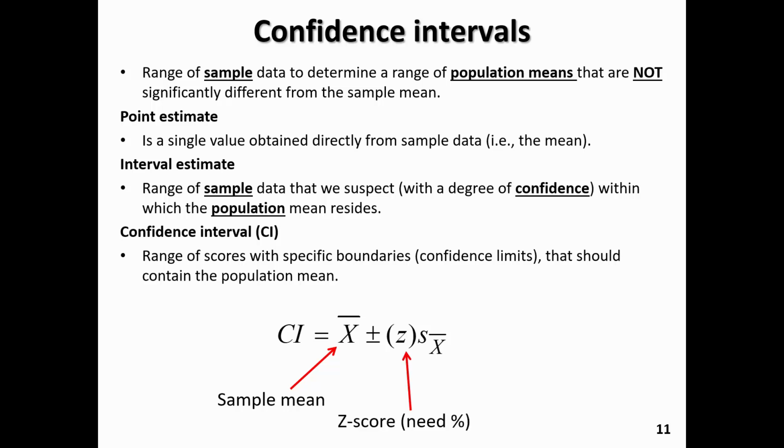This is our Z-score, and we need a particular percent of interest for that Z-score. And the standard error of the mean refers to the equation in which the standard deviation of the sample is divided by the square root of the sample size.